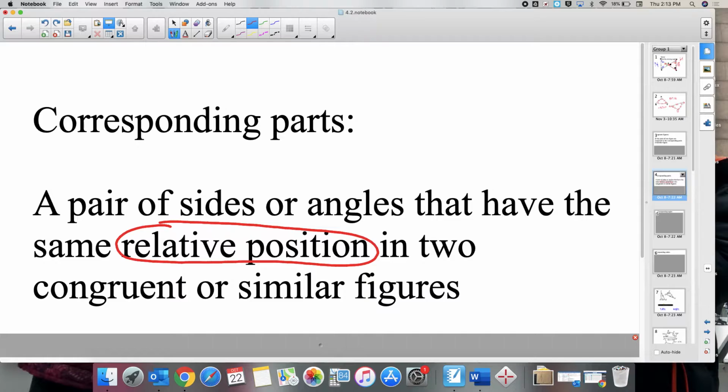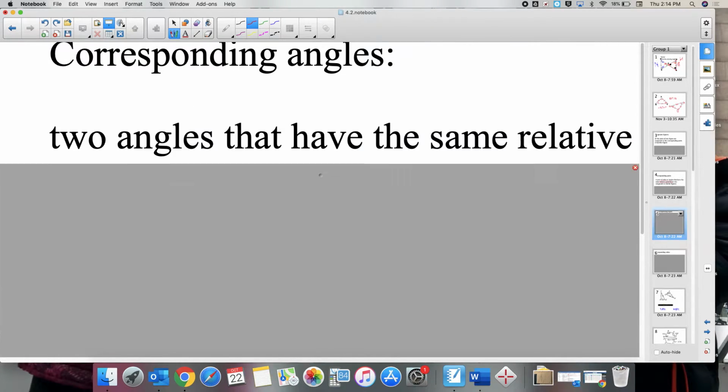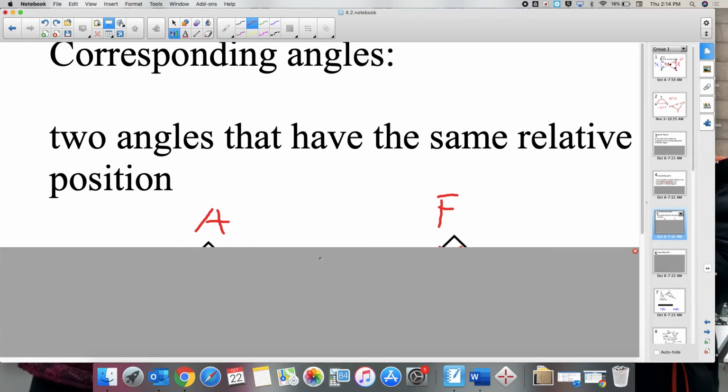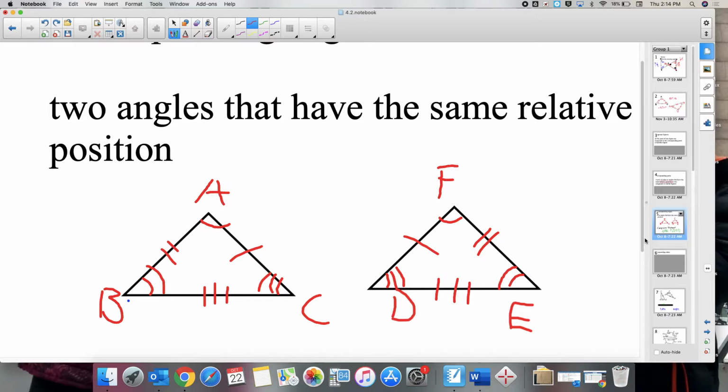So we're going to be looking at those angles and at our sides. Corresponding angles are two angles that have the same relative position. Looking at our angles here, that would be angle A and angle F because they both have one marking on them.